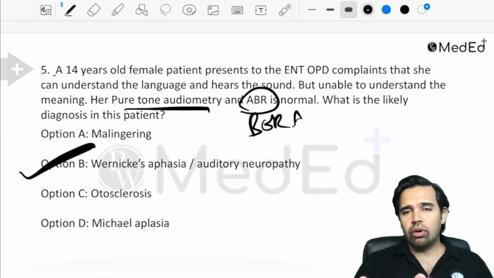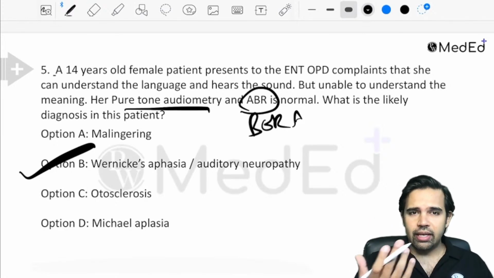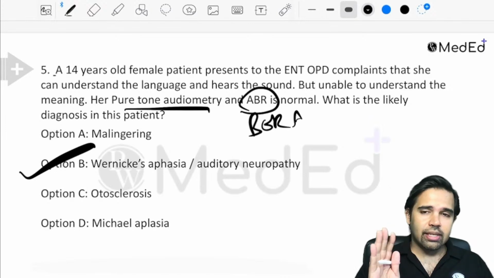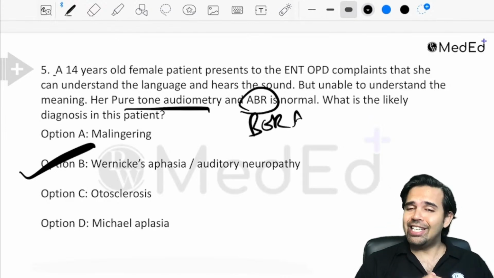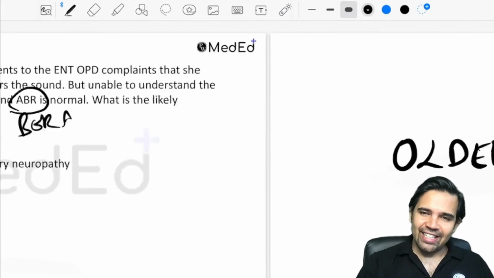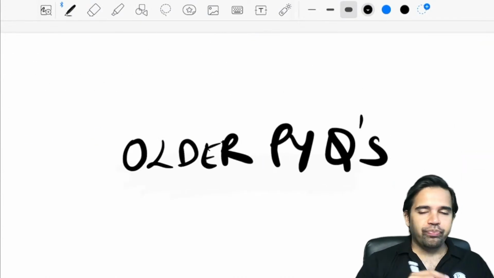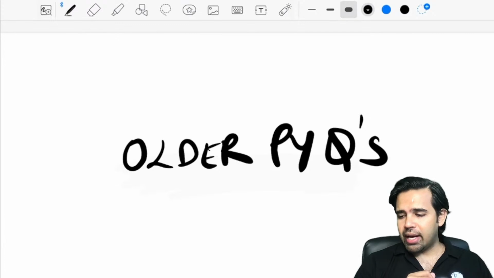Michel's aplasia would be not being able to hear anything at all. So again, both of them would show in the pure tone audiometry or the ABR. But in Wernicke's aphasia, your hearing is completely normal. Comprehension, guys, check yourself. Wernicke's aphasia, auditory neuropathy, right?